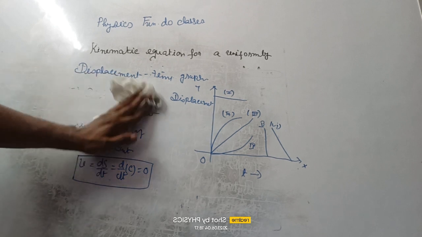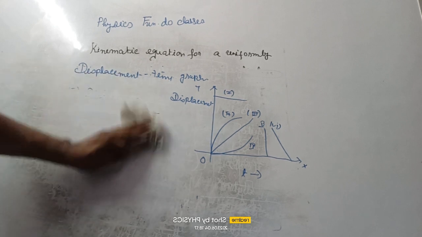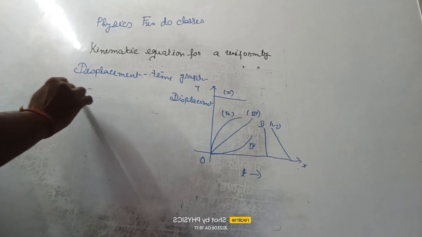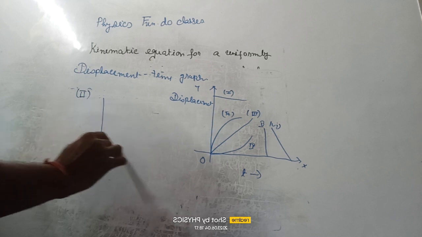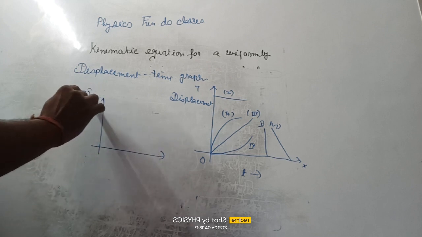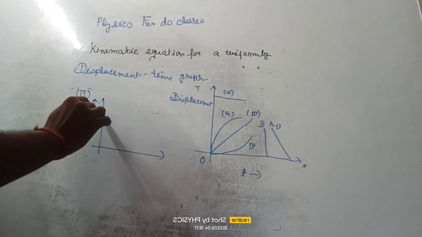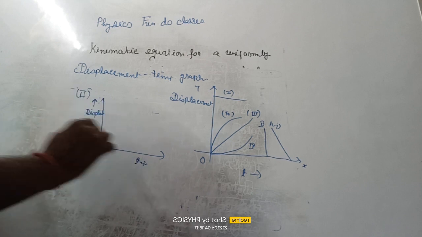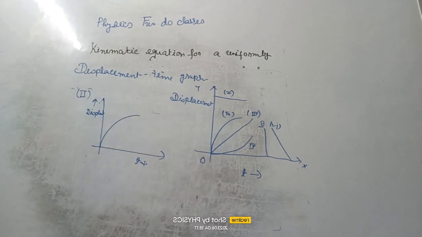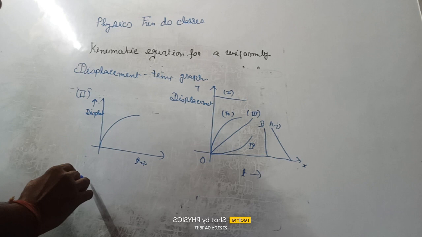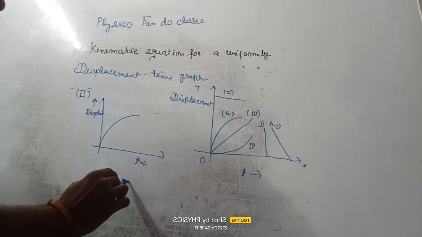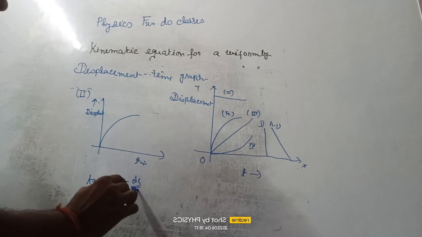Now move to the second graph. For the second graph, this is the displacement and this is the time. We know that tan theta is equal to V, that is equal to ds by dt.